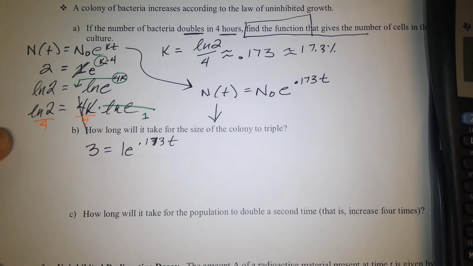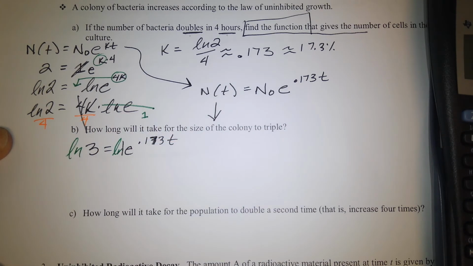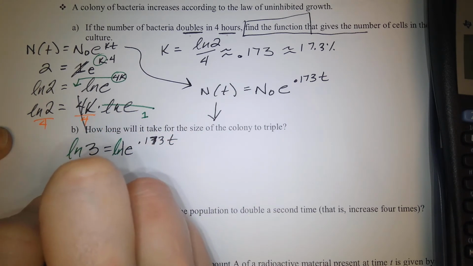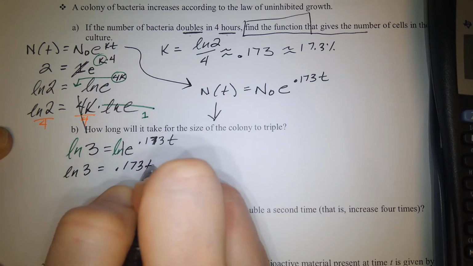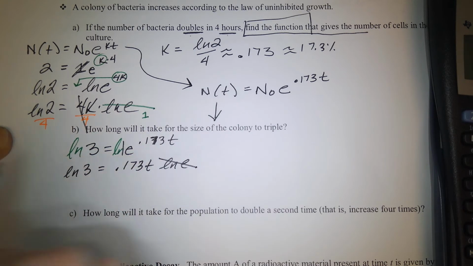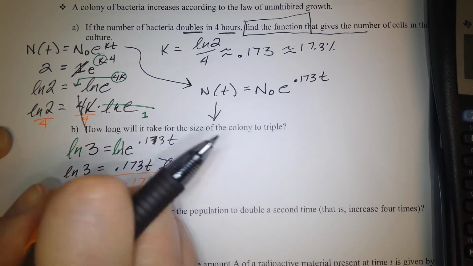So let's solve for t. Let's take natural log of both sides. So I have natural log of 3 equals, I'll bring that in front, 0.173 t, natural log of e. Divide both sides by 0.173.